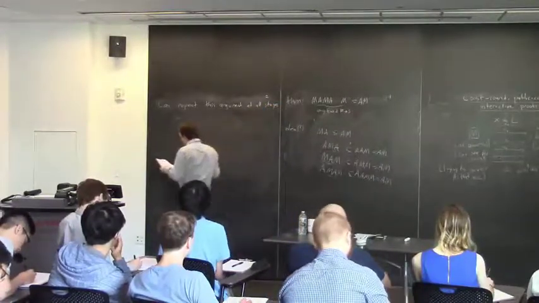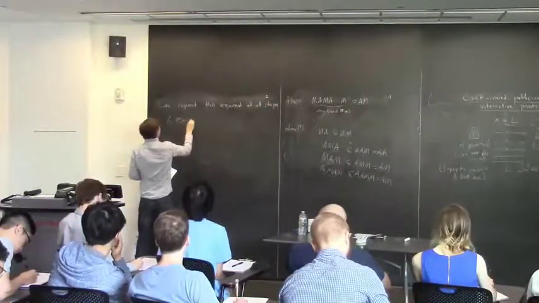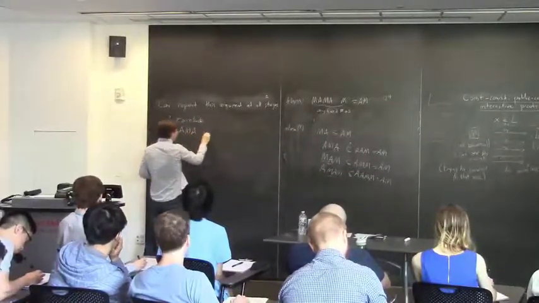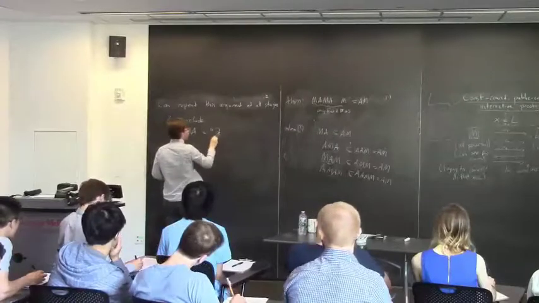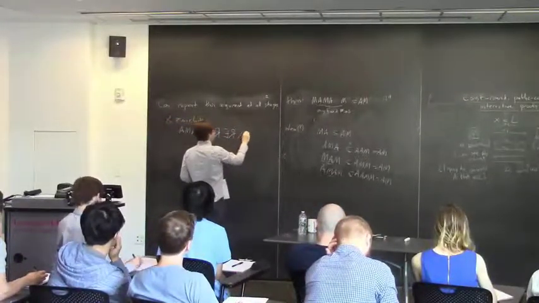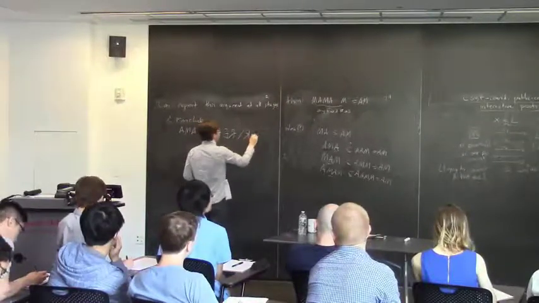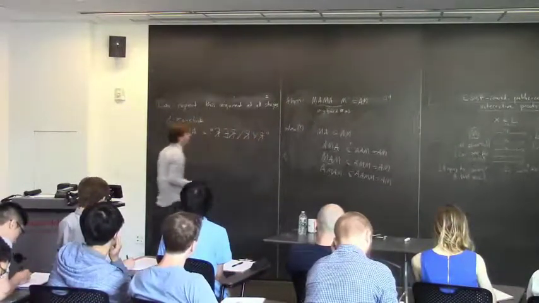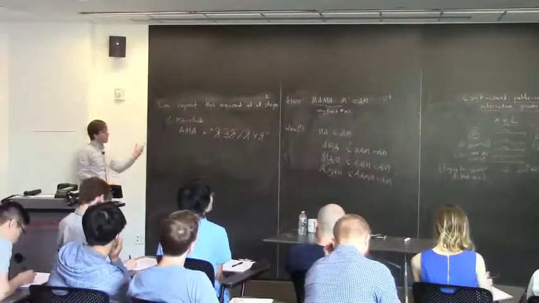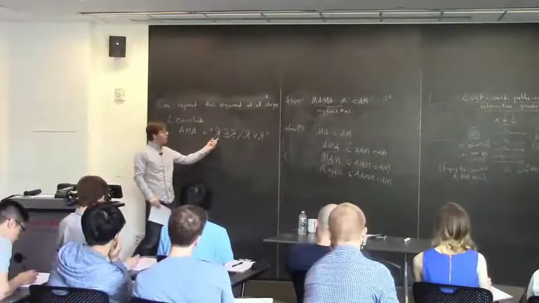And what I want to get to is that AMA is exactly this class: for most exists for most, for all for most. That's not obvious, but this is a stronger statement than this one.